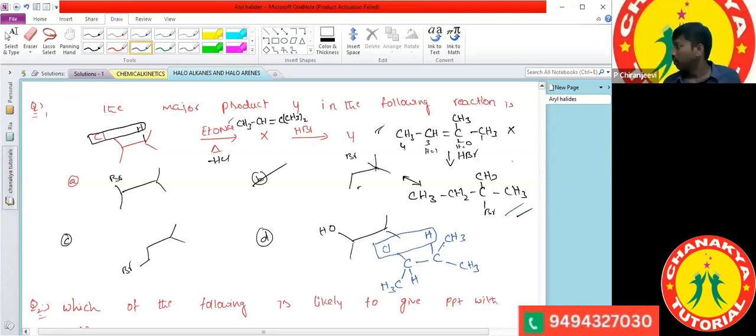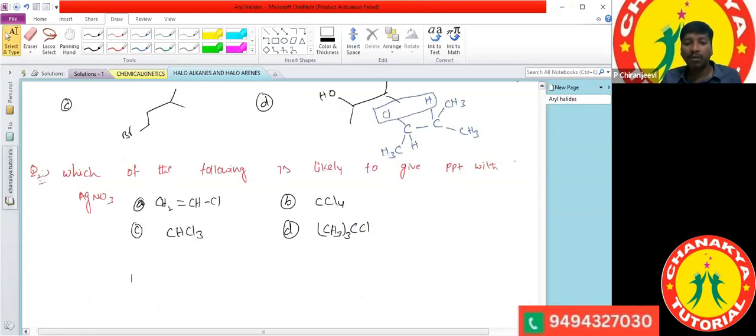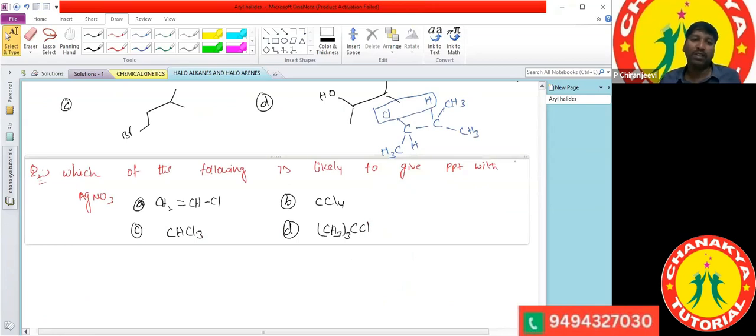So next, one more. Don't say I had given only one. It is also from 2019, but a different batch. Which of the following is likely to give a precipitate with AgNO3? Any guess, any expectation? Okay. So in this one, what you have to find out is which one easily gives Cl minus.